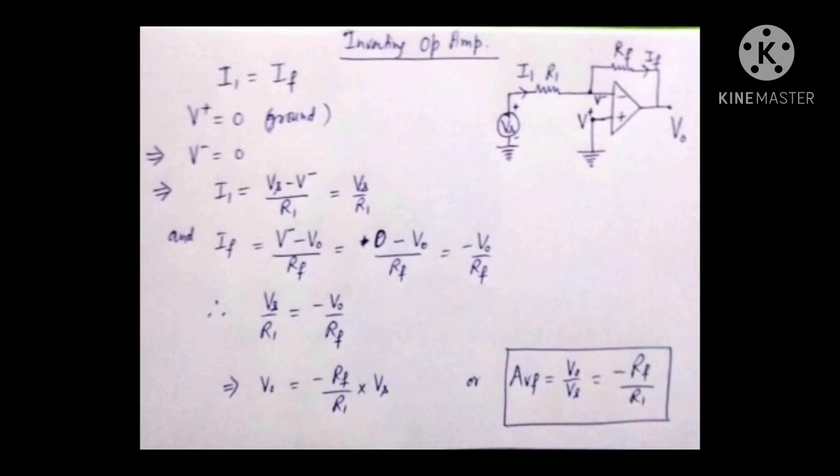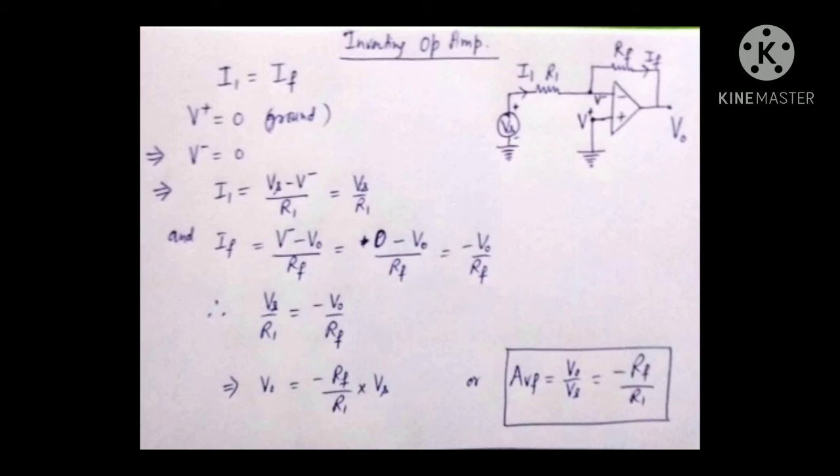As you know, we will use the two rules I just discussed. The first rule, that no current flows into the input. So the I1 current that flows through R1 also flows through RF.